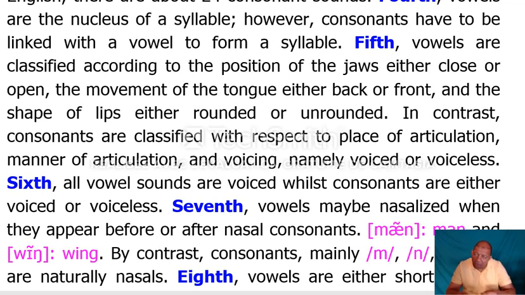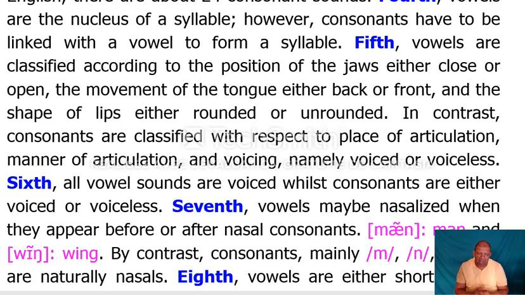When we have a vowel that comes after a consonant or before a consonant, it becomes nasalized. In this case, the nasal consonant influences the vowel, which becomes, as a result, nasalized under the influence of the neighboring consonant.